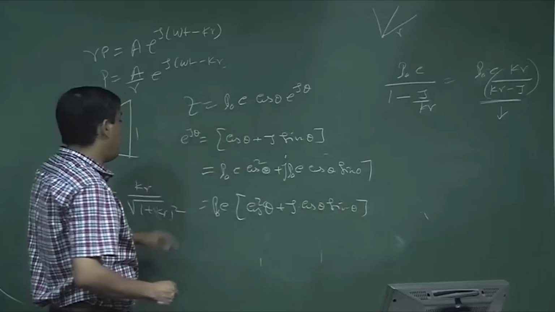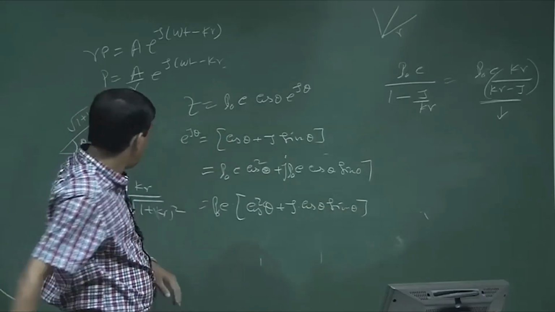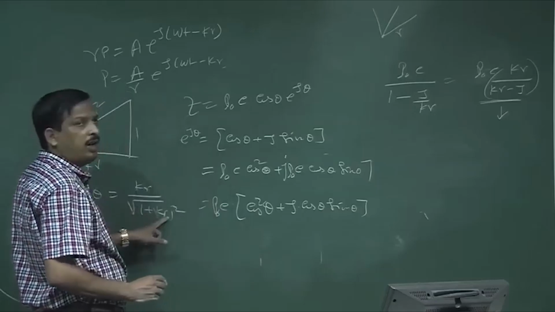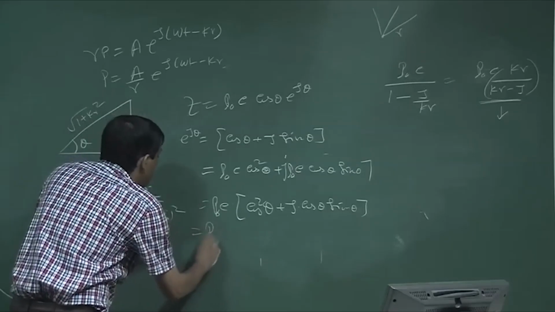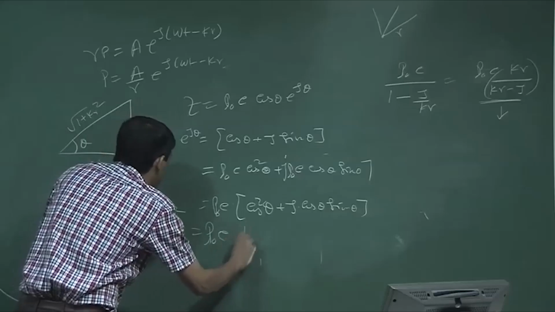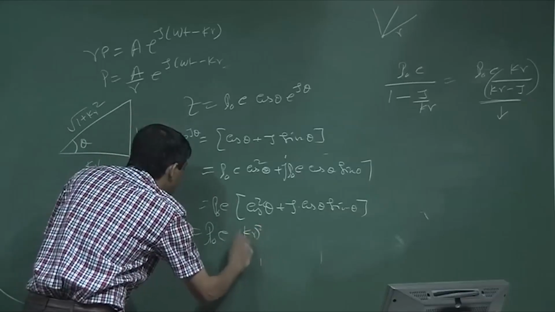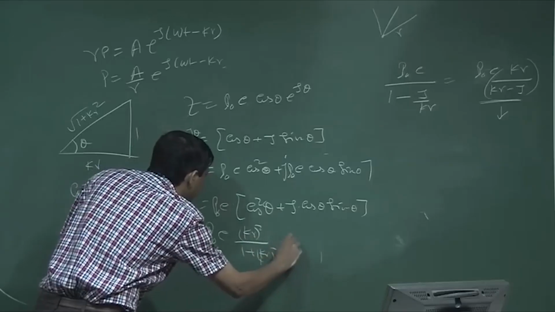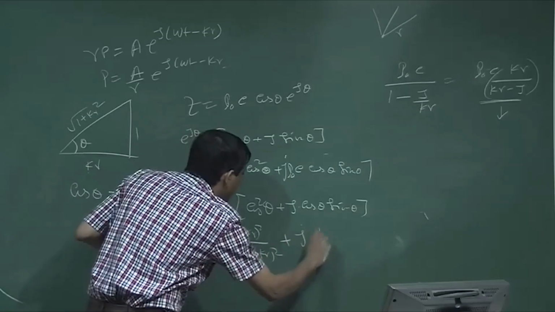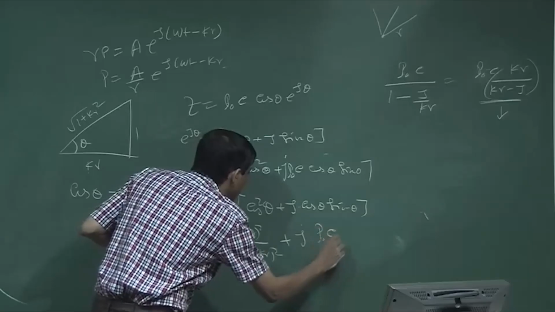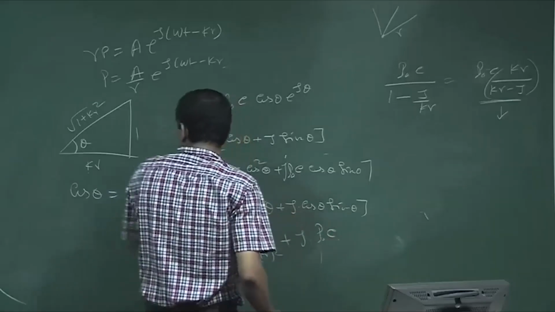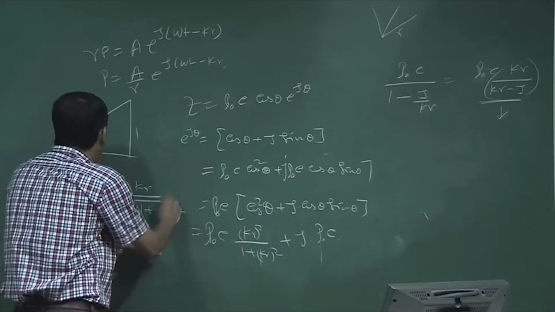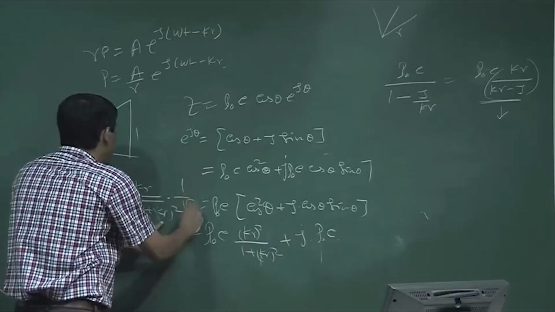Okay. So, what is the value of cos theta and sin theta? I said cos theta is nothing but kr by root over of 1 plus kr square. So, I can write rho 0 c kr square divided by 1 plus kr square plus j rho 0 c into cos theta, kr by 1 plus kr square, and sin theta is 1 by root over of 1 plus kr square.